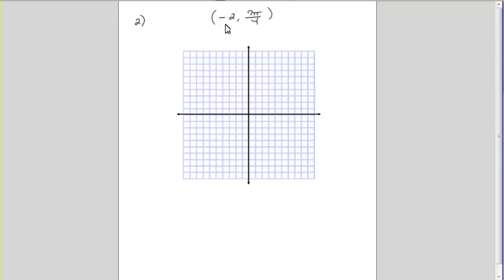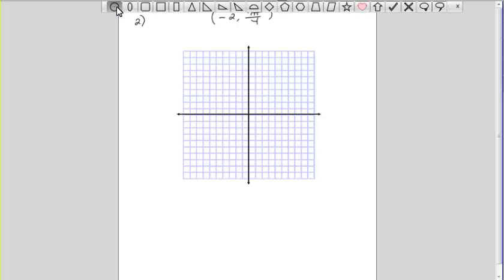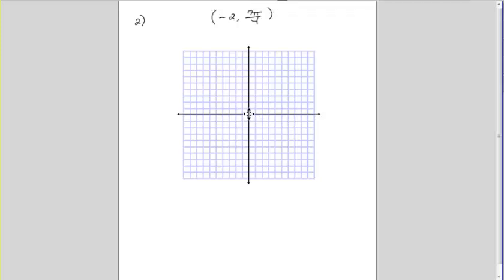So let's draw this. This is the radius and this is the angle. If we draw a circle of radius 2, like that, and so 7 pi over 4, 8 pi over 4 is 2 pi.